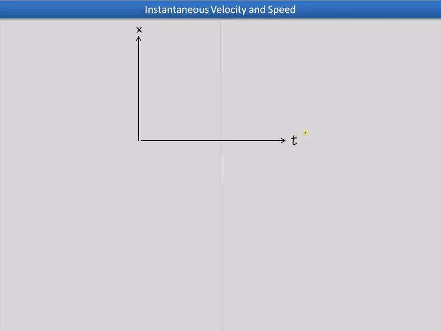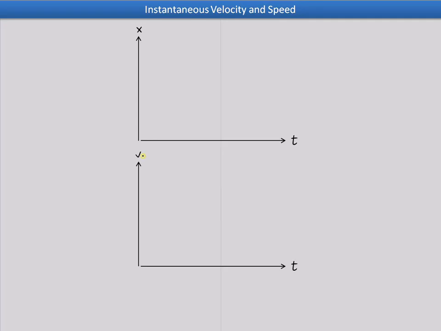Let's see if I can copy and paste or if this is a disaster. All right, that worked. And we want, instead of that, to be a v. All right, so two graphs that look just about the same, one plotting displacement, the other plotting velocity.